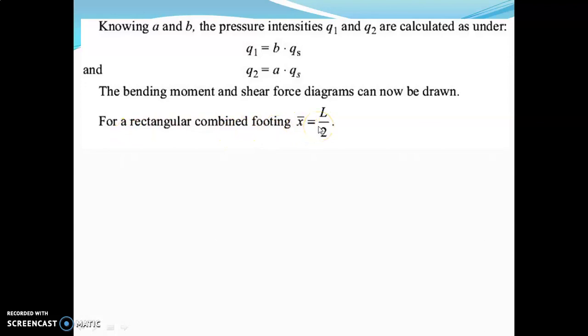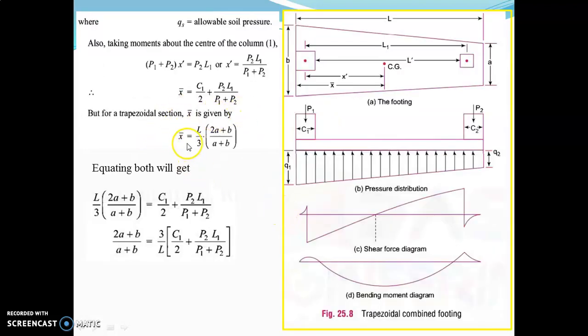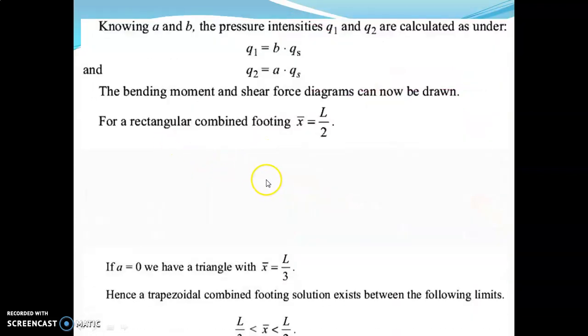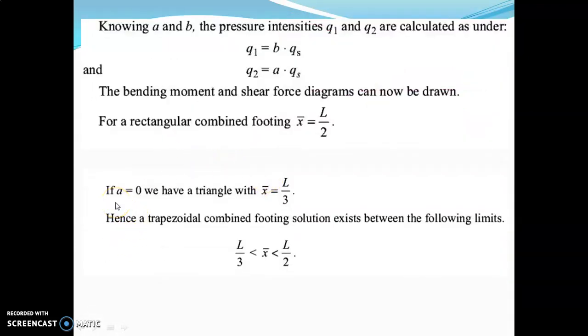L by 2. This I have not mentioned for the rectangular combined footing, so just remember X bar for a rectangular footing is L by 2, but for a trapezoidal footing X bar is given by this equation. If A equal to 0, then we have a triangle.